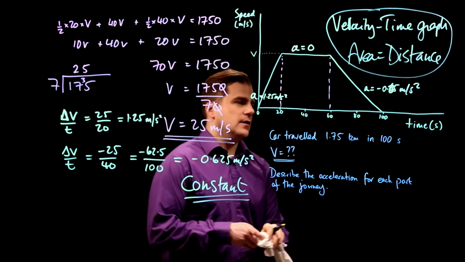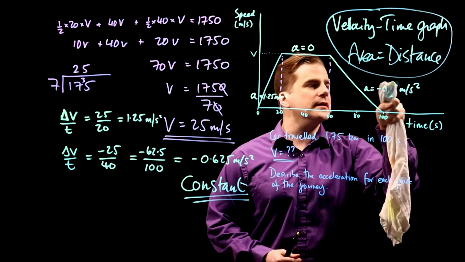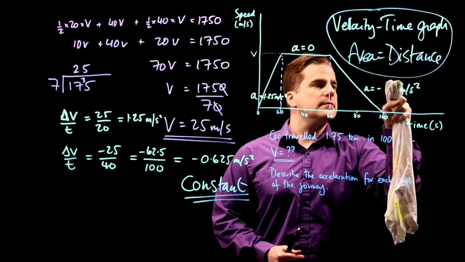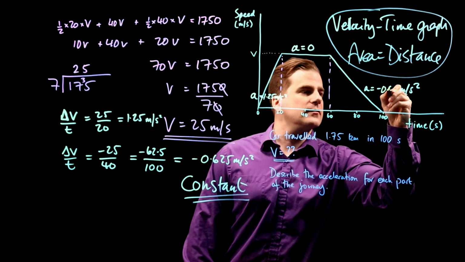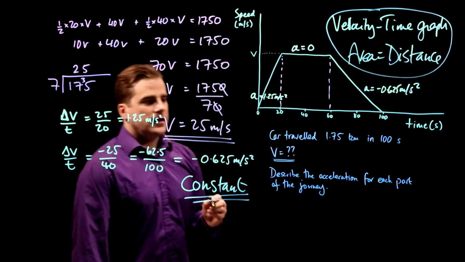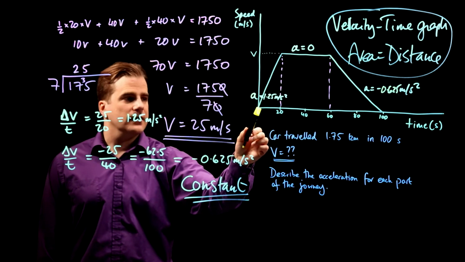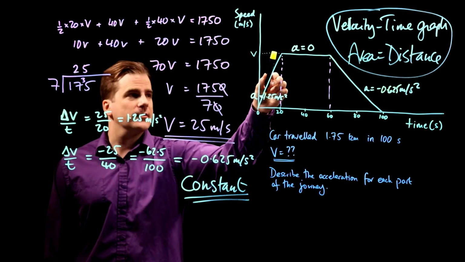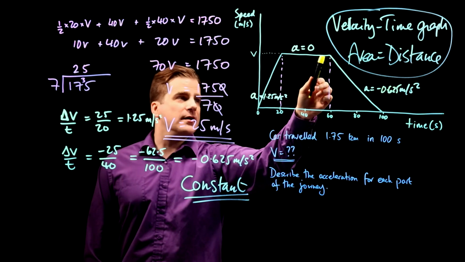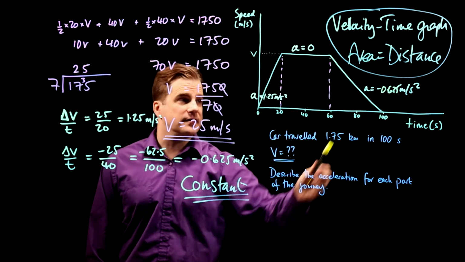Yeah, get the word constant in. And say it's positive here because his velocity is increasing. It's 0 there, and say that it's constant and negative here because his velocity is decreasing.